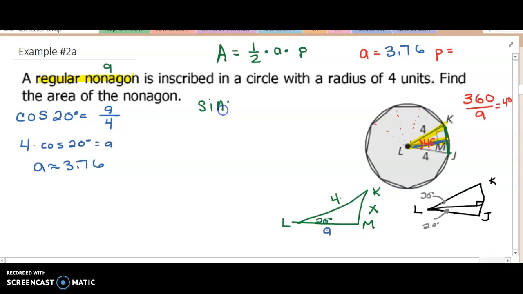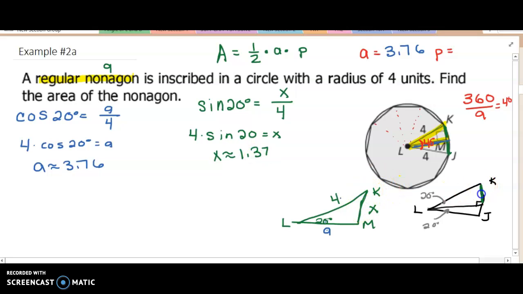So I could say sine of 20 degrees equals opposite over hypotenuse. So 4 times sine of 20 equals x. If I put that in my calculator, I get 1.37. So x is roughly 1.37. Okay, so that's just this little piece right here.